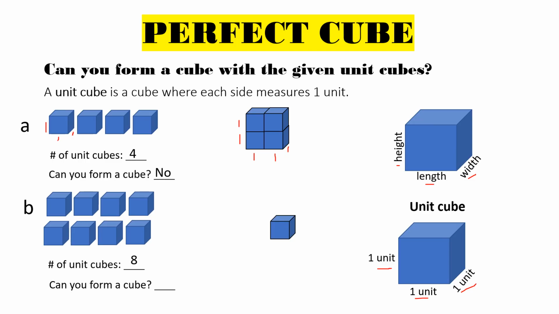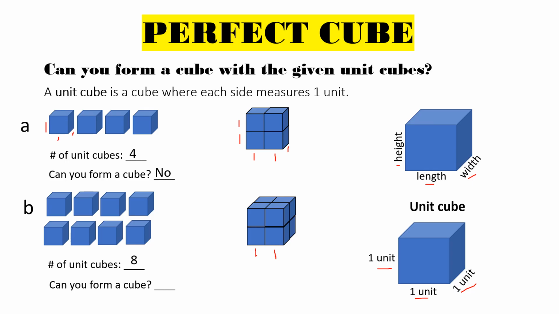Once again, for a unit cube, class, each side measures 1 unit. So our first unit cube, second unit cube, third, and then fourth, fifth, sixth, seventh, and our eighth unit cube. Let's see. For our length, 1 and then 1, so this will be 2 units.